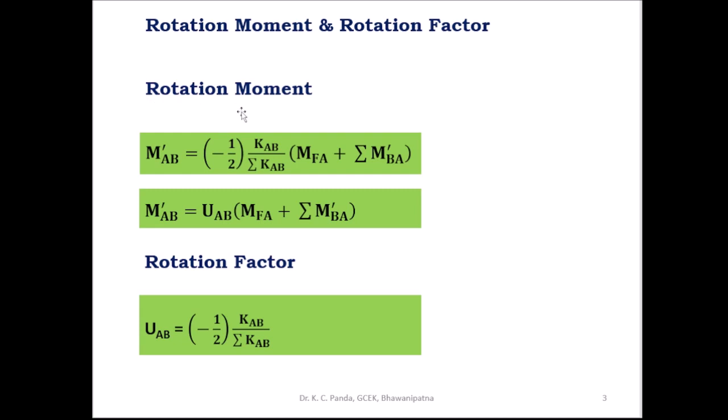The rotation moment can be determined by using this formula. M dash AB is equal to minus half KB divided by summation of KB into (MFB plus summation of M dash BA), where minus half into KB by summation of KB is the rotation factor, which you can denote by UAB.